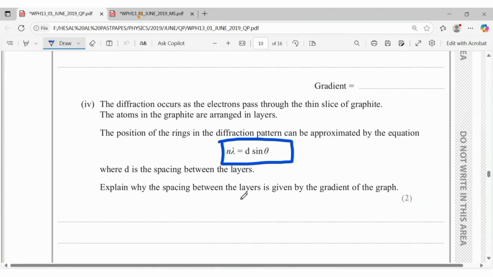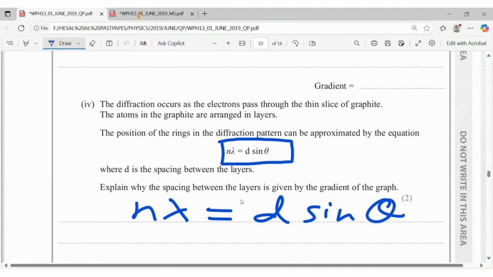Now we have to match this one with our graph. So look at this. n lambda equals d sine theta. In here we know n is the first order ring we consider, so it is 1.